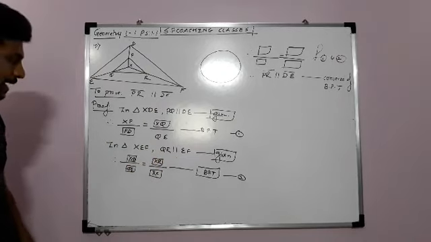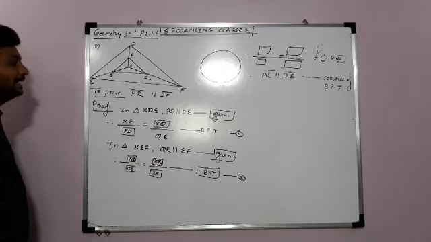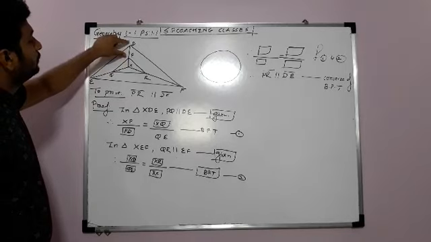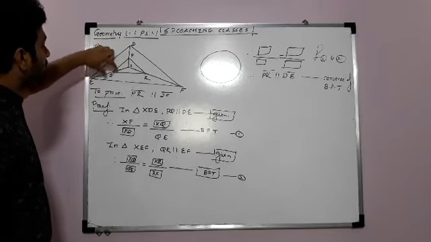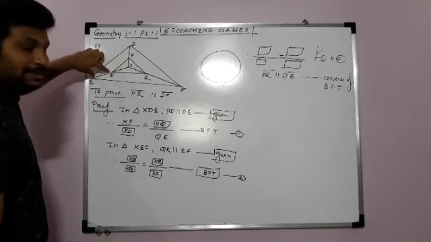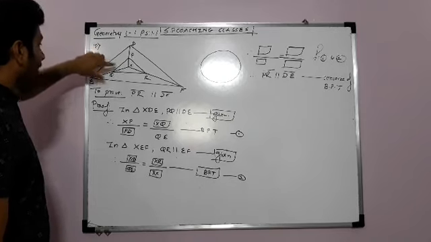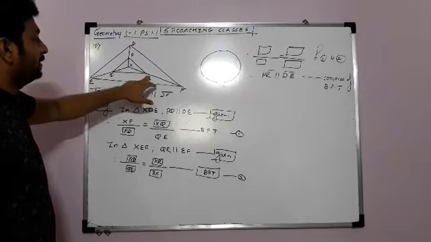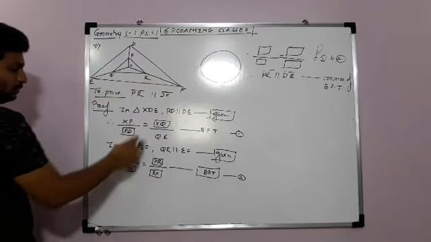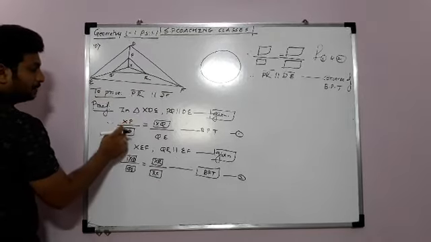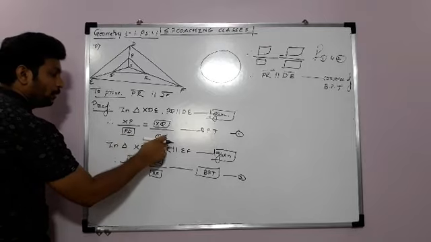Okay. Now what you can see here guys, XP upon PD is equal to XQ upon QE. In the second part, XQ upon QE is equal to XR upon RF.